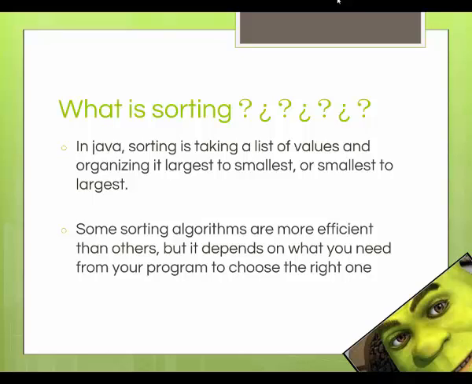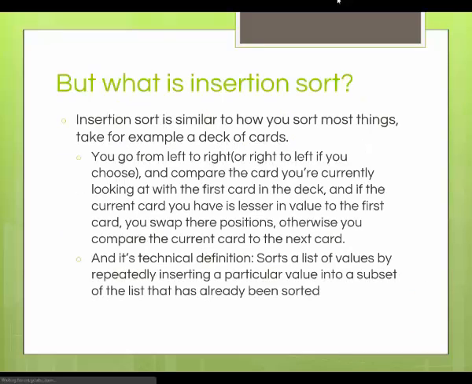And in Java, if you're going to do sorting, there are different ways you can do it, and some are more efficient than others, but it really comes down to what your program needs to do to determine which one you want to choose. So insertion sort is basically taking the value that you're currently on, which you tend to start at 0, but, you know, be a rebel, start at 5, I don't care.